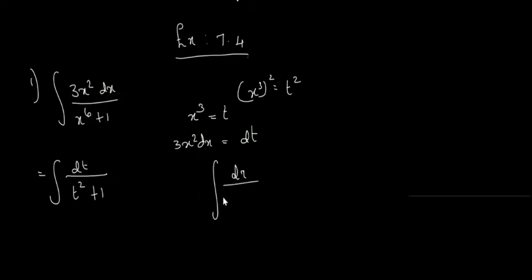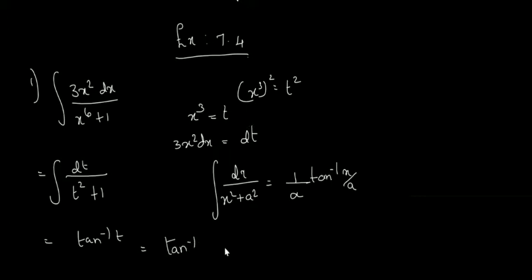The formula dx by x square plus a square is equal to 1 by a tan inverse x by a. So a is 1. In the place of a you have 1 here. So x is t. This will become 1 by a, a is 1. So tan inverse t. That is equal to tan inverse t is x cube plus c.